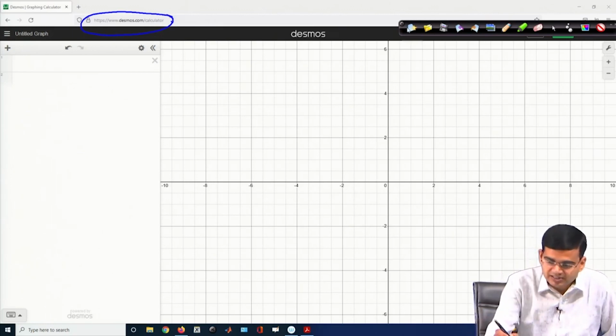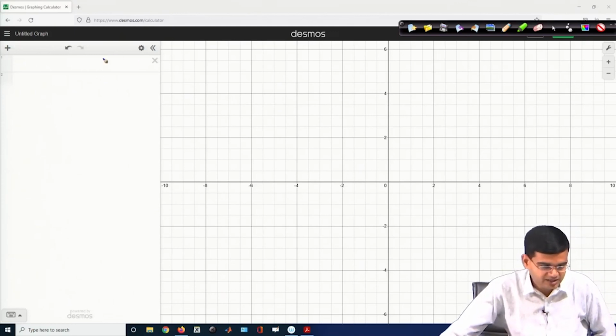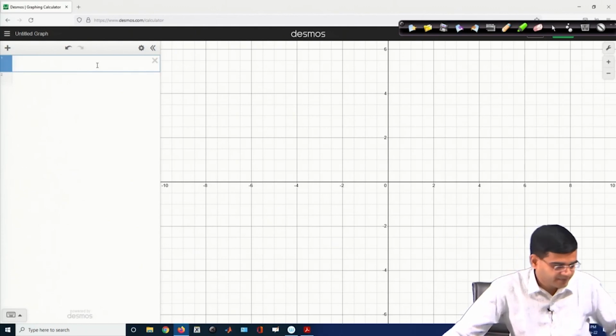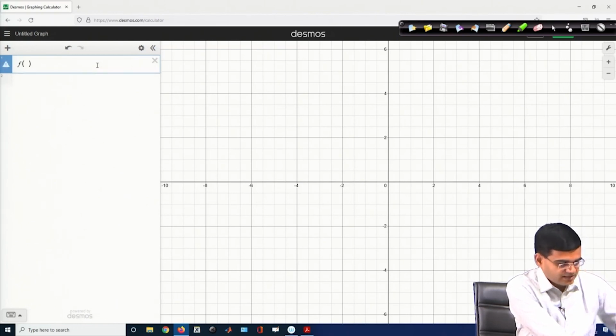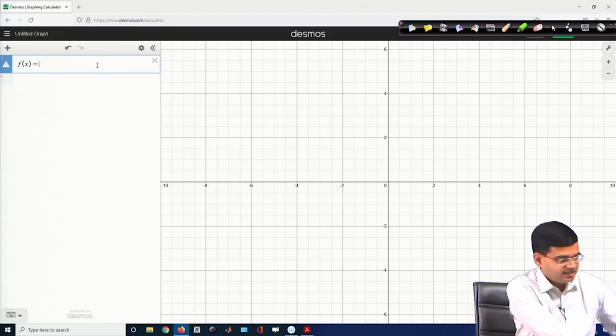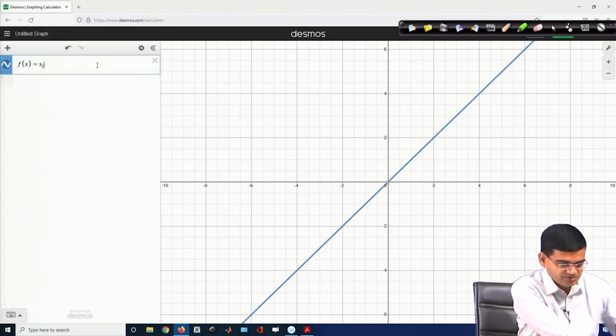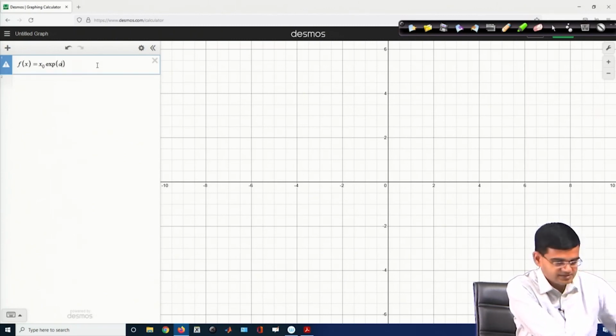Okay. So, let us see what we will do. We will try to punch in an exponential function. So, f of x is equal to my initial condition, say x 0, times exponential of a x.